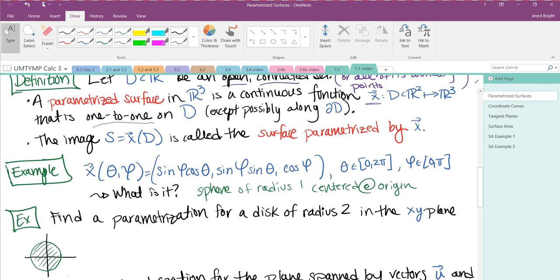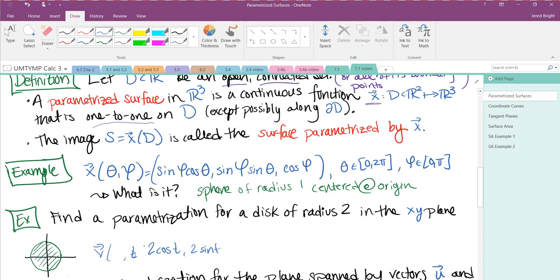Okay, well, let's keep doing some examples. I want to find a parameterization for a disk of radius 2 where the disk is in the xy plane, but knowing that we're in 3 dimensions. As I think about it, for a disk of radius 2, we know that can be 2 cosine of t and 2 sine of t, but that actually just describes the boundary, right?